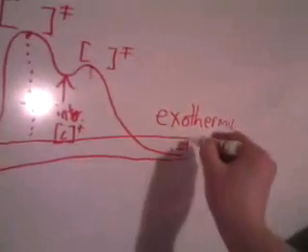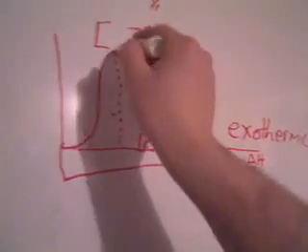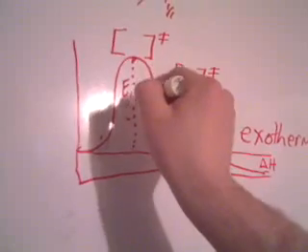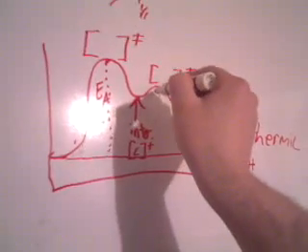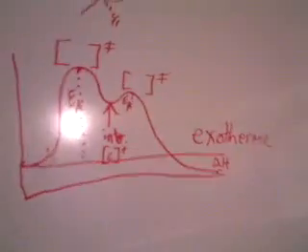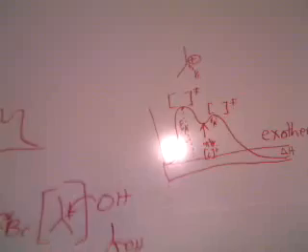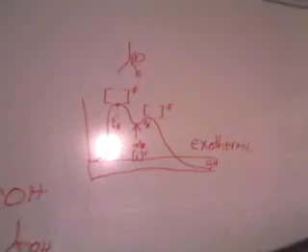That is our delta H, and remember, from our starting to our top, that's our activation energy. This one also has activation energy just for that little tiny rabbit hole right there. So again, all important stuff, but all makes sense if you just sit and think about it for a little while.